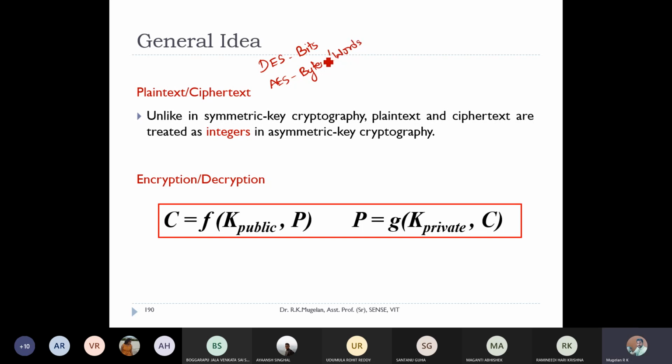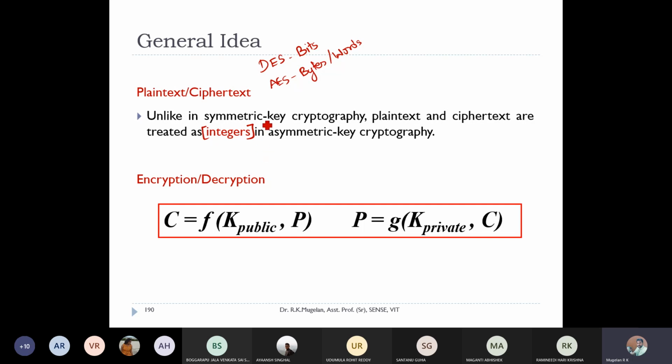Whereas in asymmetric cryptography, all the entities will be in terms of integers, mere integer numbers. I hope everyone knows what an integer is. We discussed it in our module 2.